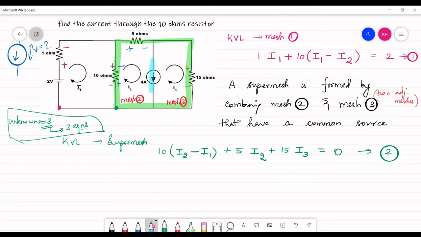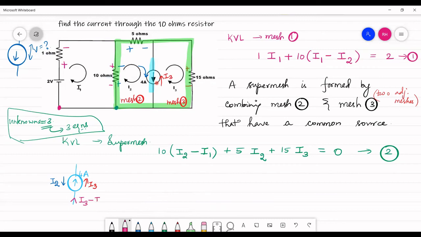So now let us consider the branch which we omitted earlier. That is where you have a current source, 4 ampere. It is seen here that I2 is flowing in this direction and I3 is flowing in the opposite direction.